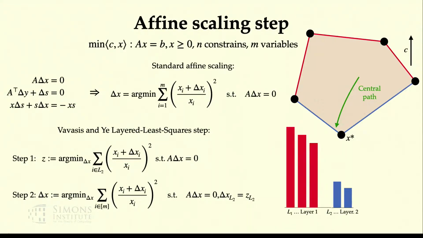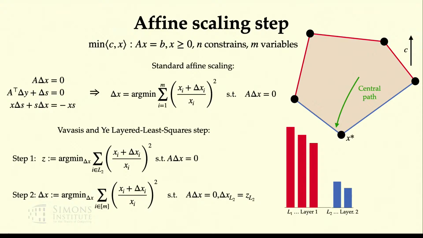Here you would be able to set this to 0, namely the optimal update direction would be exactly this point here. And then you fix the update in L2. This is what these equations are. And what you do now is you solve it on the first set of variables, again, subject to fixing what happens on the second side. And this will bring you, in this instance here, to the optimal solution in a single step.